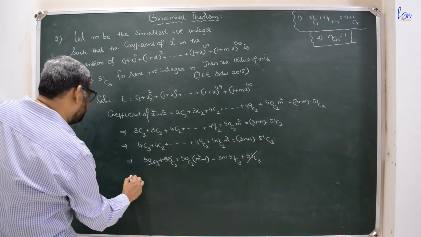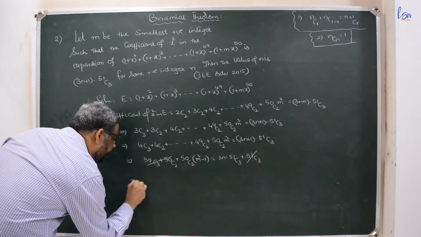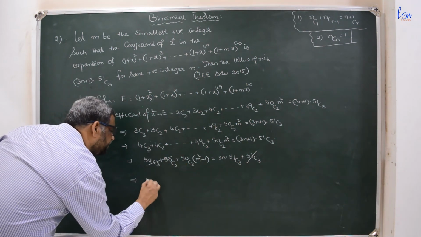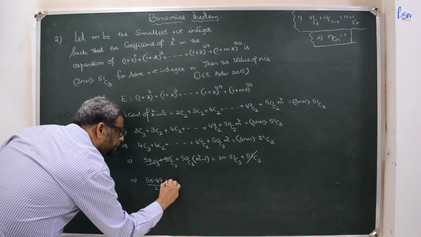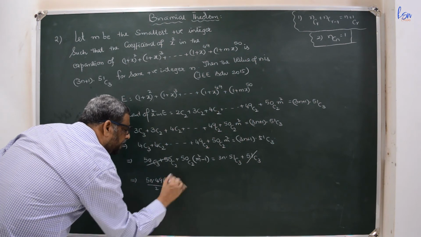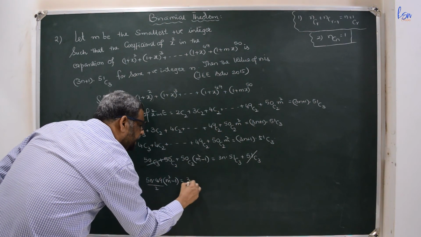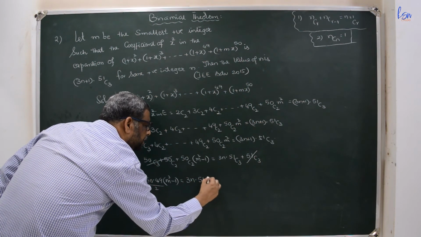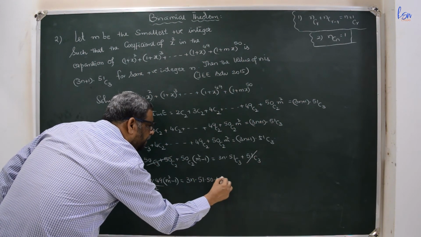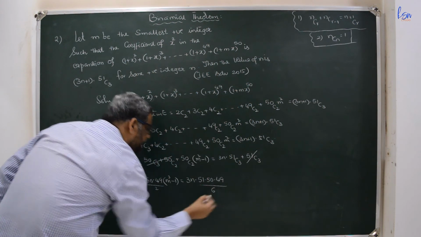Now here 50C2, I can write 50C2, 50 into 49 by 2, into (m square minus 1) is equal to 3n into 51C3, this is 51, 50 into 49 by factor means 6.